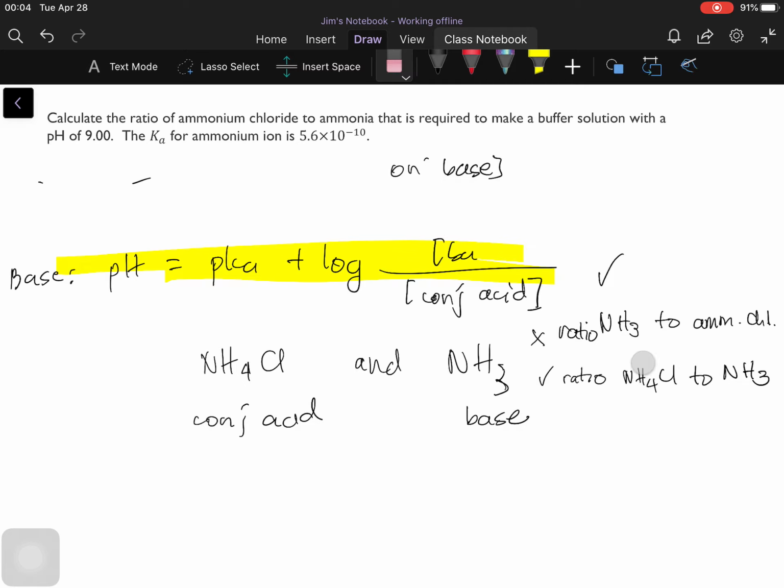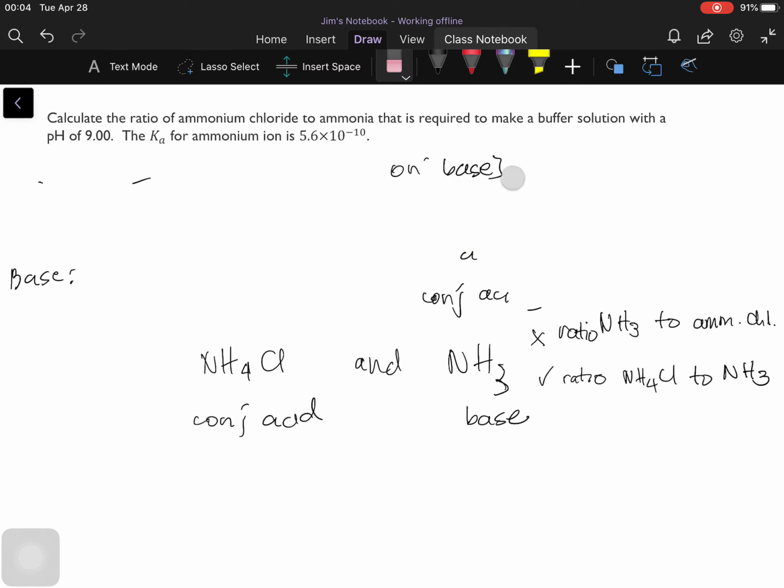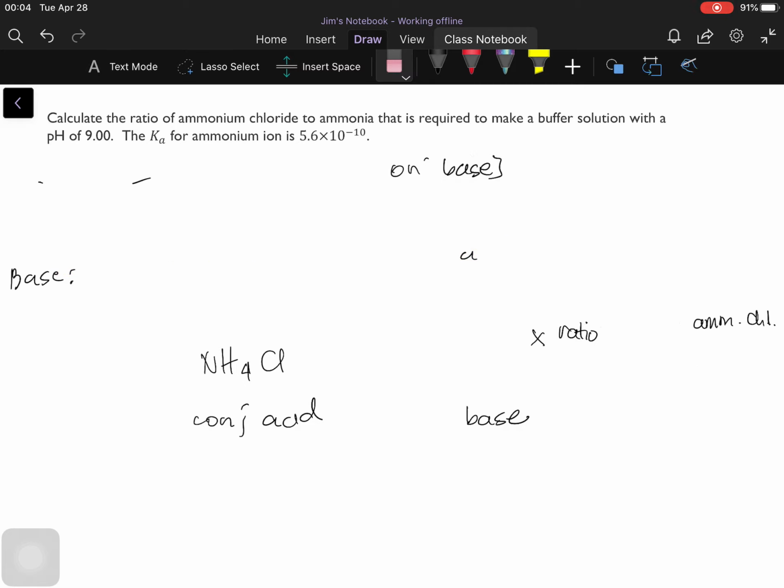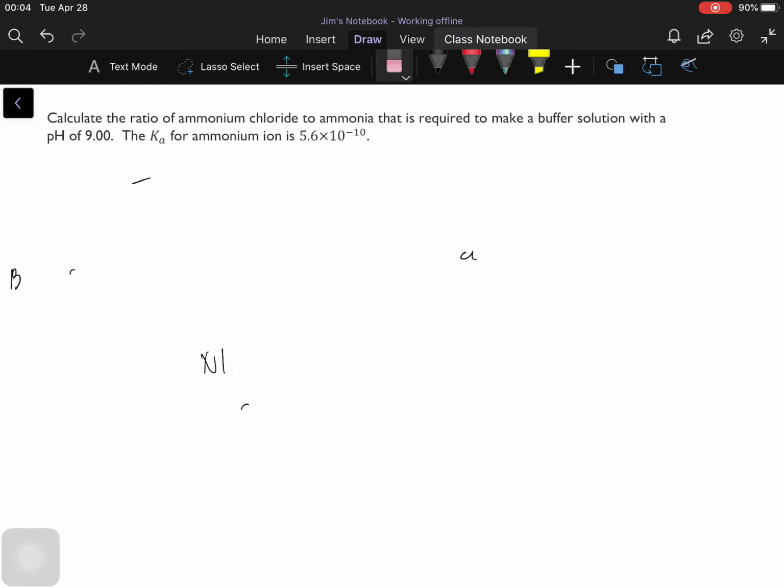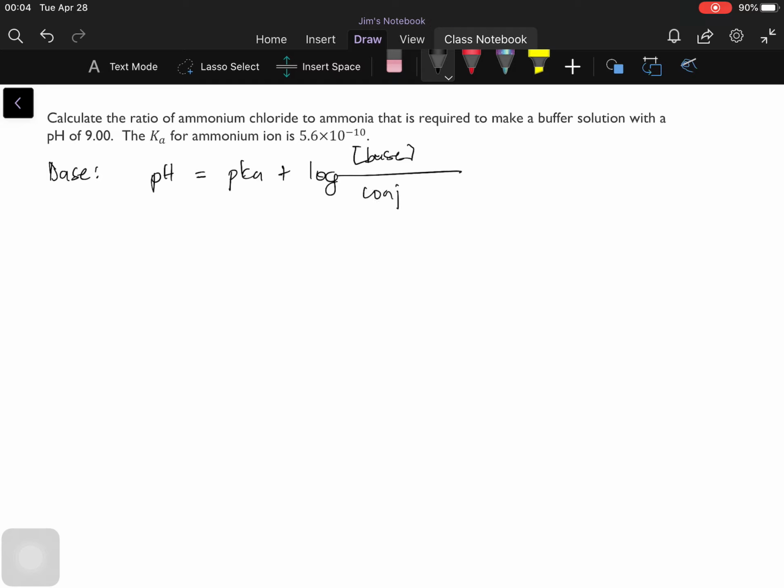So let's erase this. So for base, pH is equals to pKa plus the logarithm of your base concentration divided by the conjugate acid.